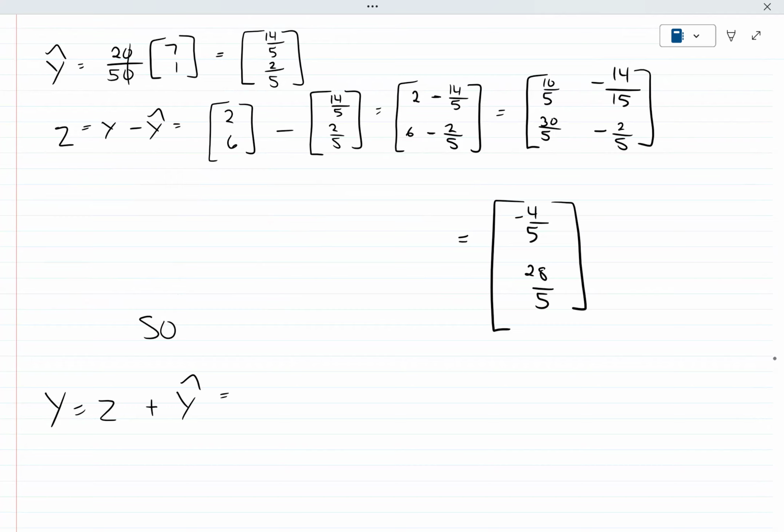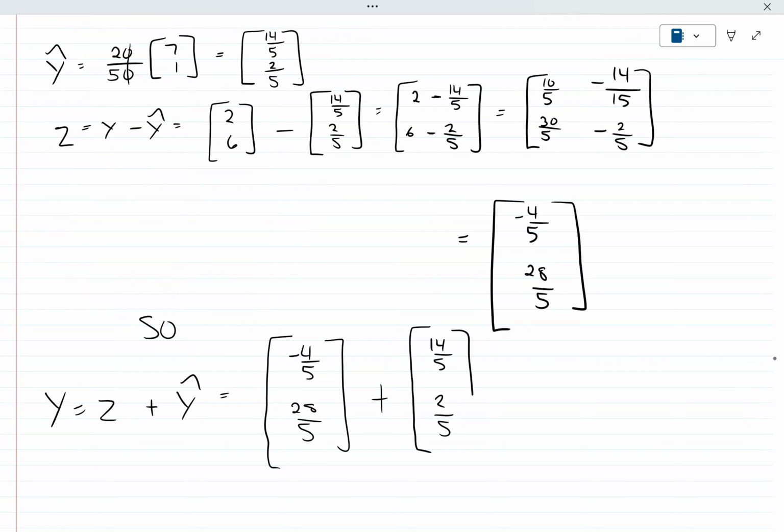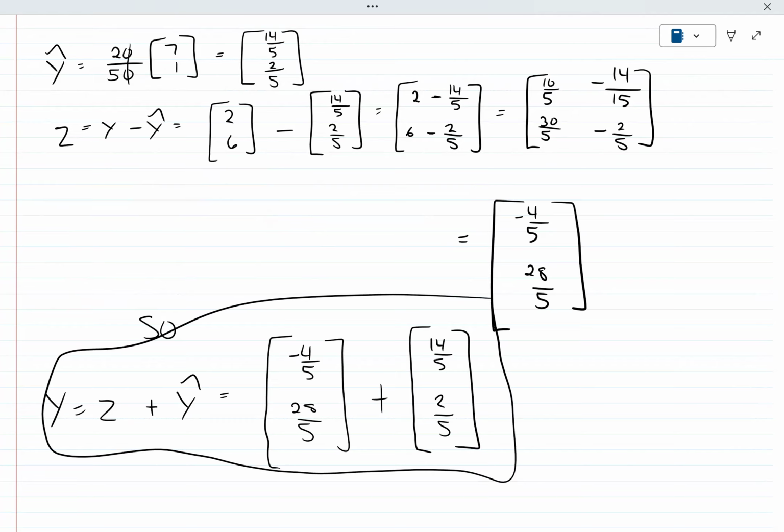So that's going to be negative 4 fifths, 28 fifths, plus y hat, which is 14 fifths and 2 fifths. And you can just leave it like that. So this is your final answer. Not too bad, right? Just use the formula and then plug it in.